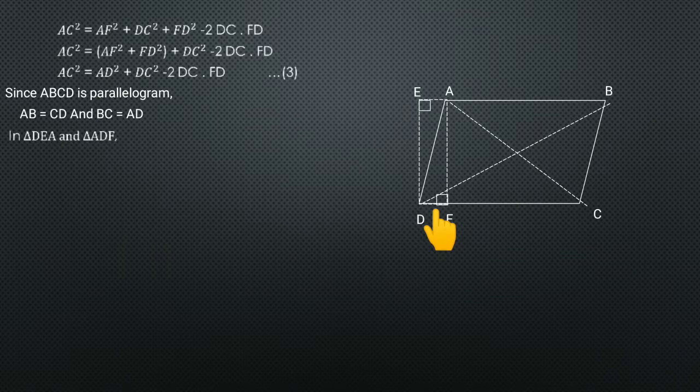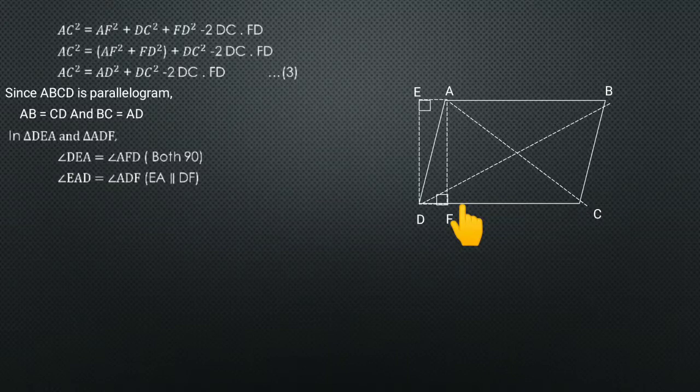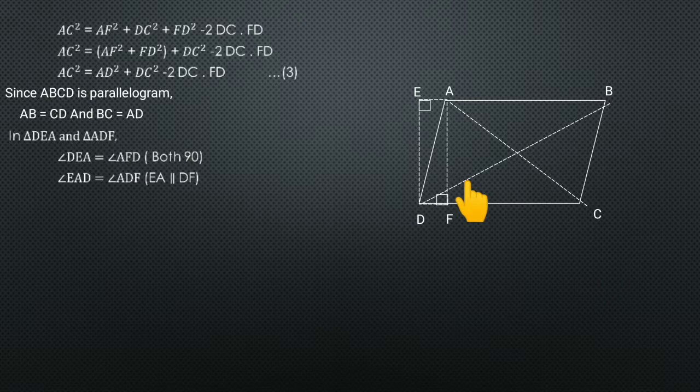For proving this result, we know that angle E and angle F both are right angles, and EF and ED are parallel lines. That means angle EAD and angle ADF are equal because these two are alternate interior angles, and AD is the common side in both triangles.